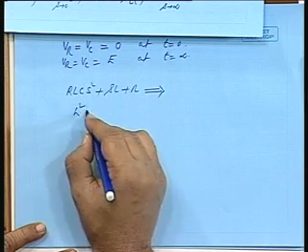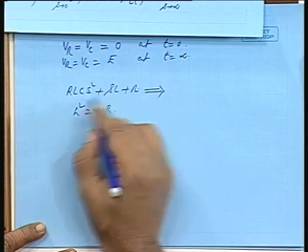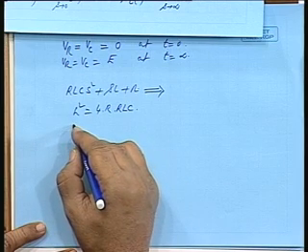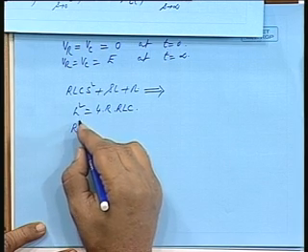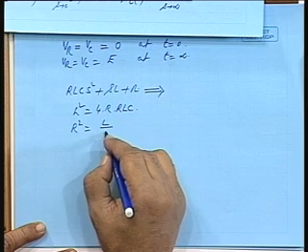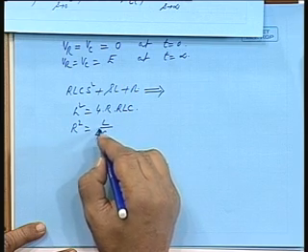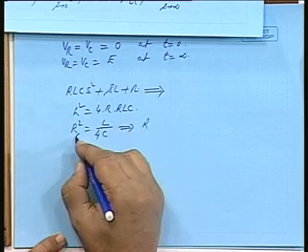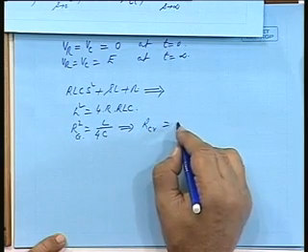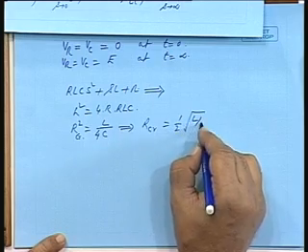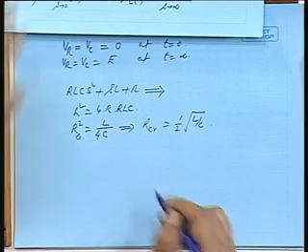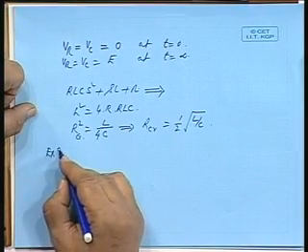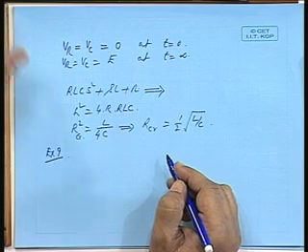So, L squared is equal to 4 into R into R L C. So, that gives me R squared equal to L by C into 4, or R critical is 1 by 2 root L by C. So, this will be the condition for critical damping. Next, we have another problem.